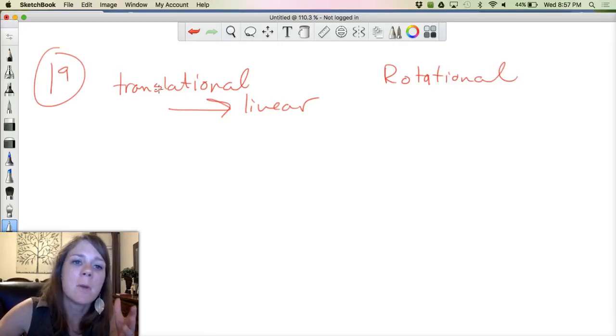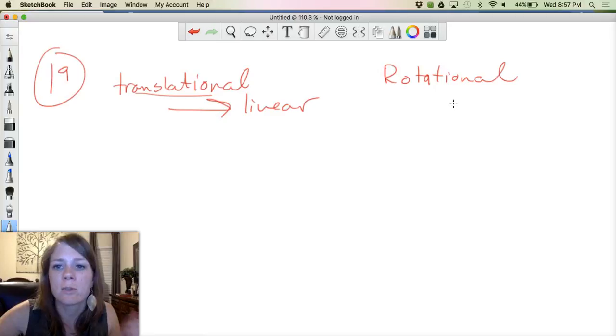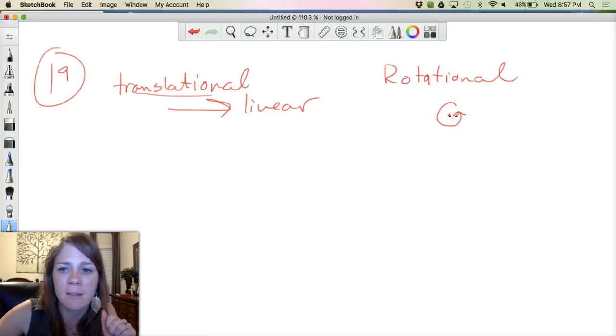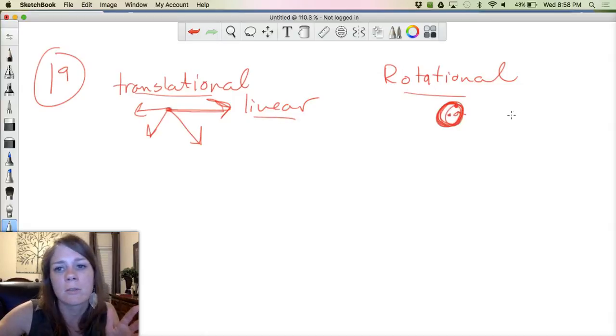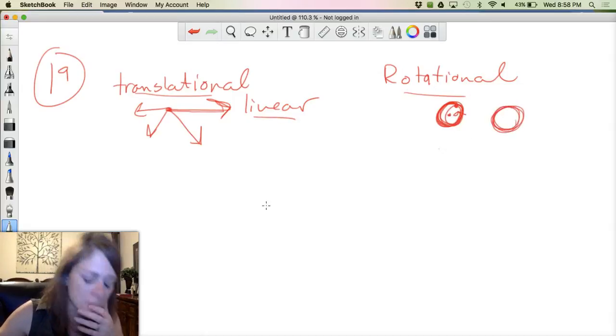Motion is either translational or rotational. Rotational means it's going to be moving in a circle, rotating about a center axis. Translational motion means if I start here, I'll end up some direction away from that in a straight line. Translational is linear, rotational is that rotating motion.